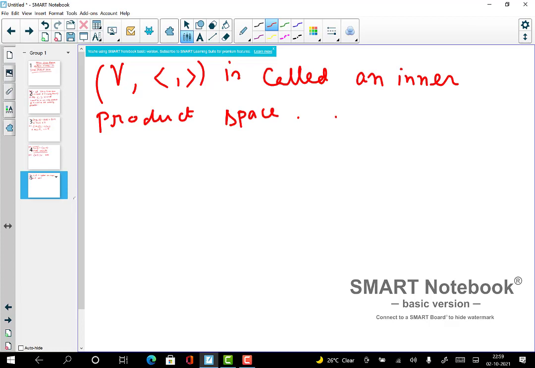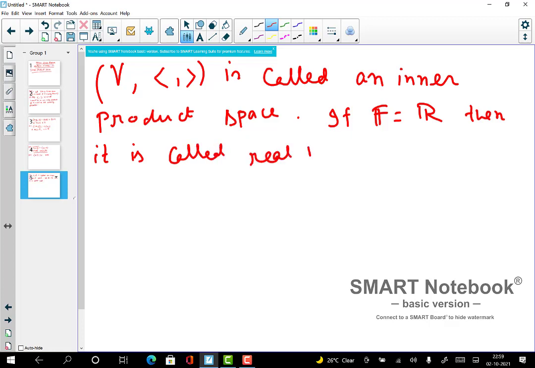Okay, so if this F is actually real, then it means that V inner product space is called a real inner product space, okay, real inner product space.